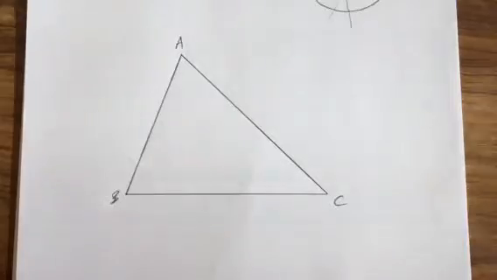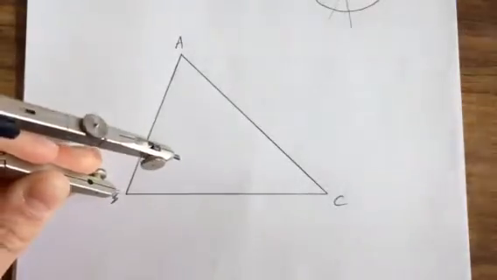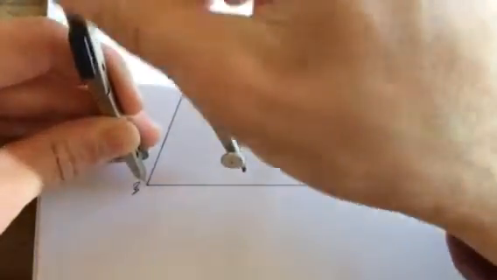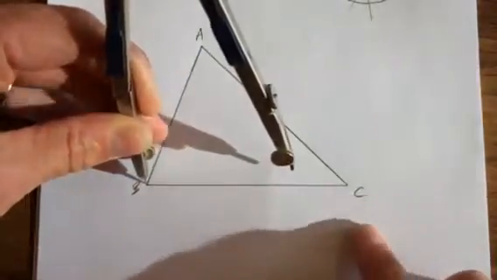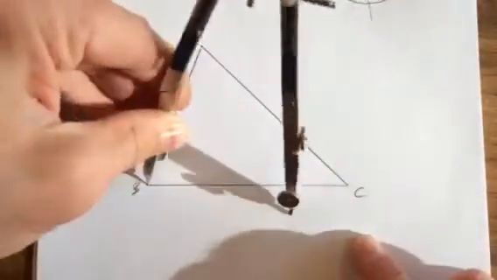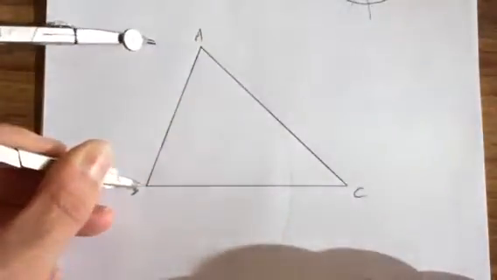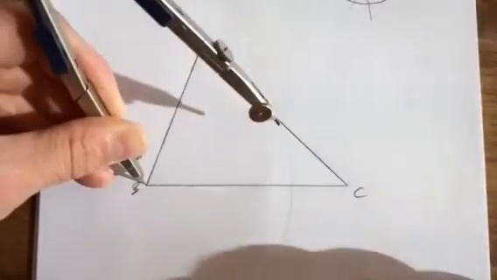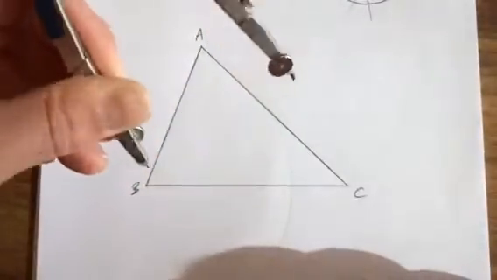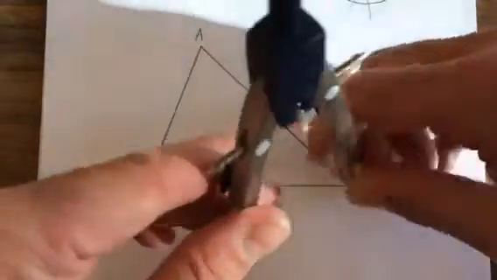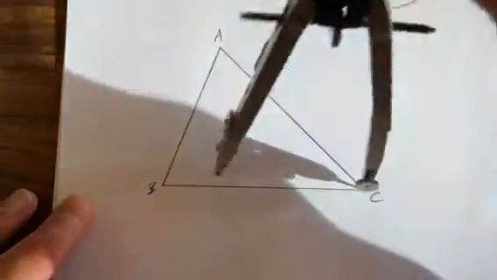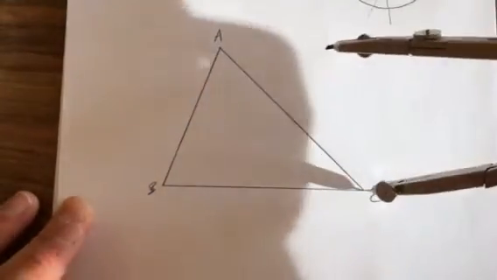So to do this, I'm going to put the compass point at B, like so, and I extend my compass out more than halfway, roughly 3/4 of the way towards C, and I draw a curve right around like this. Now, what's very important is that you keep the radius at the same length, but you lift it up and you place the point of your compass at C instead, and you draw an arc the other way, like so.